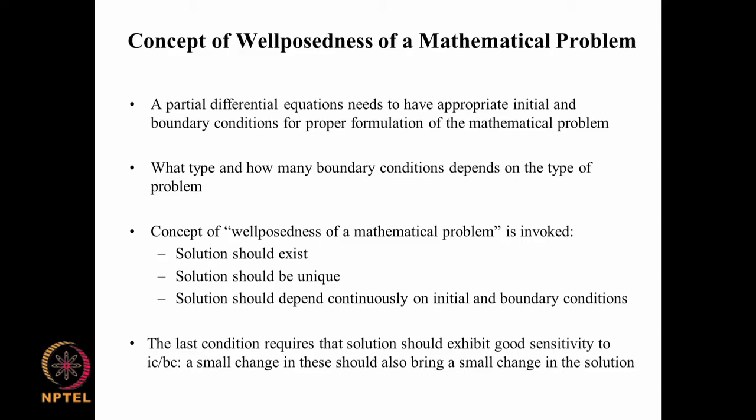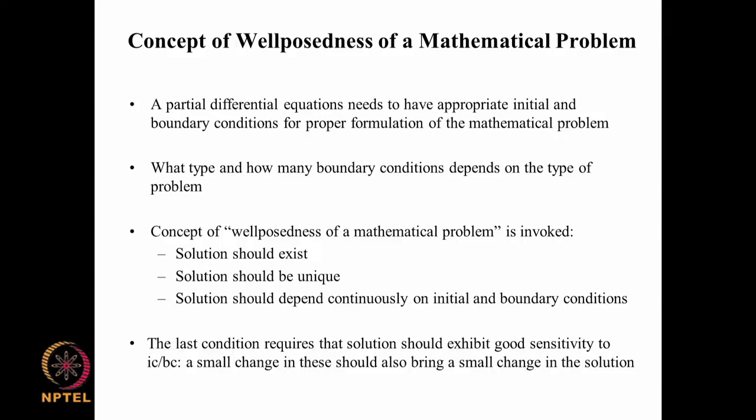A small change in these should also bring about a small change in the solution, and only a small change. If it's a precipitous change for a small change, then we have to worry about how accurately we have to specify the boundary conditions and initial conditions, and the question of how accurately we know and control these things in real cases also comes into picture.